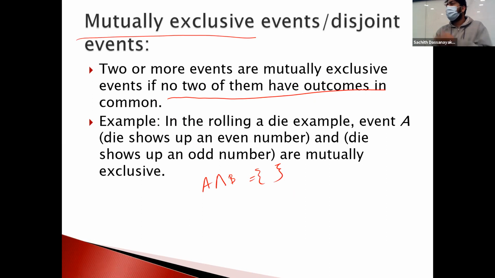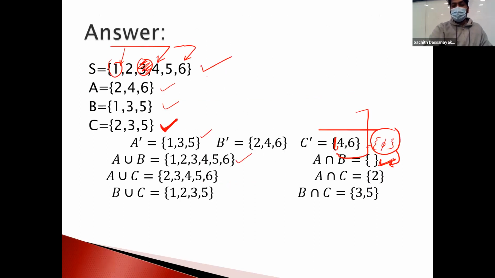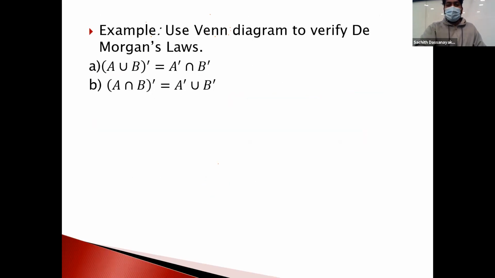Okay, simply we call it zero. There is nothing in common. Example, a rolling die example. In the previous case, A and B, see, these are mutually exclusive events, right?